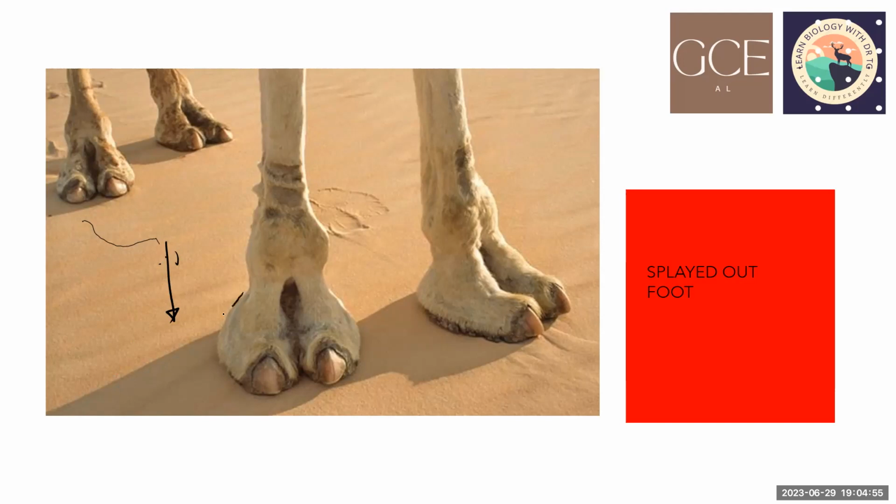But when they have this big splayed out foot, divided into two, and it has so much of a fat layer which tries to float on the sand, and the large surface area also helps to stay on the sand. So then the camel's legs, the camel's body, does not go into the sand. This is another adaptation listed in animals.